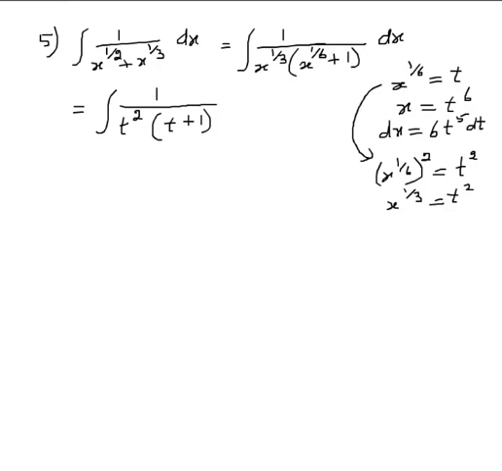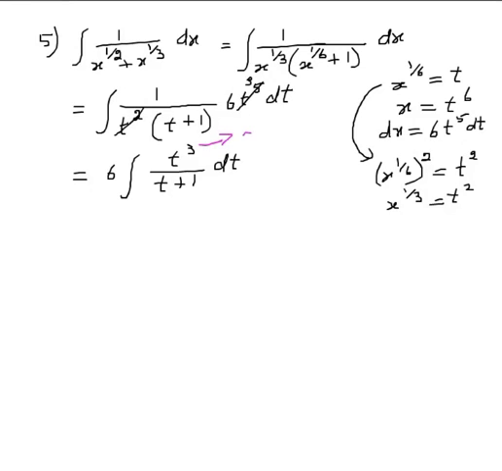And dx is 6 t power 5 dt. We can cancel t square, so it becomes t cube. 6 is a constant, take it out. We get t cube divided by t plus 1 times dt.